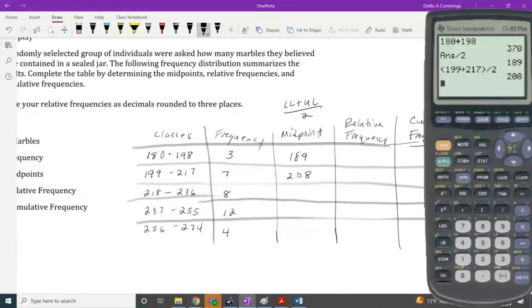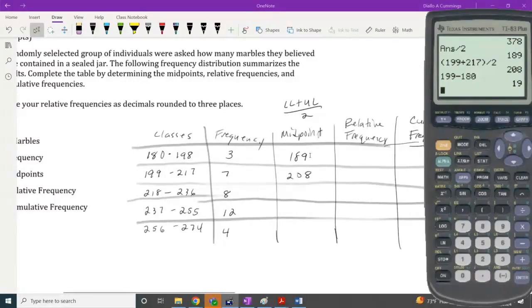Now, I could save a little bit of time and find the class width, and then simply keep adding the class width. In order to find the class width, you subtract the lower limits. If I subtract 199, the lower limit for the second class, minus 180, the lower limit for the first class, I get 19.